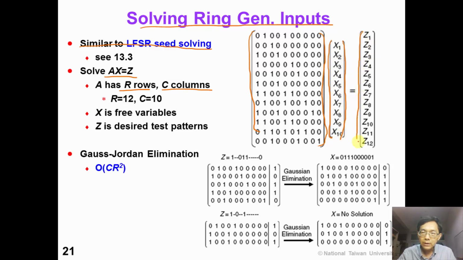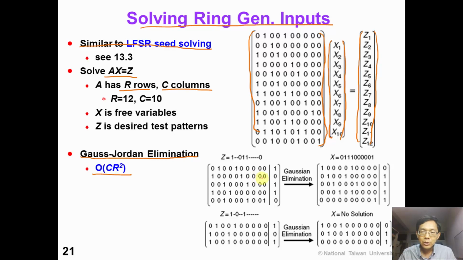Z is a vector of our desired test patterns. We can use algorithms such as Gauss-Jordan elimination to solve for the answer. The complexity of the Gauss-Jordan elimination algorithm is O(RC squared), which can be solved in polynomial time.